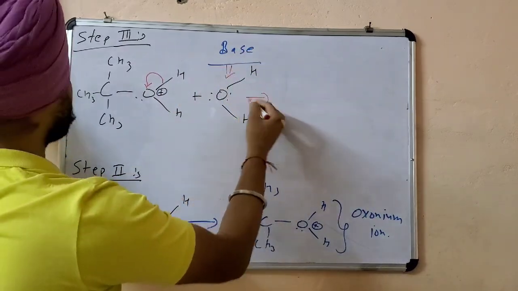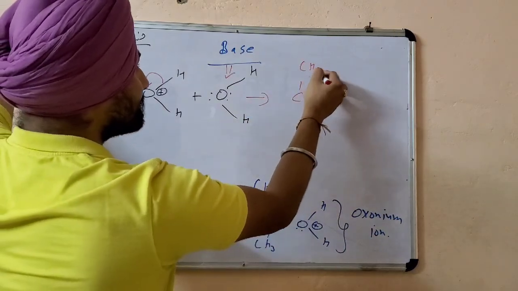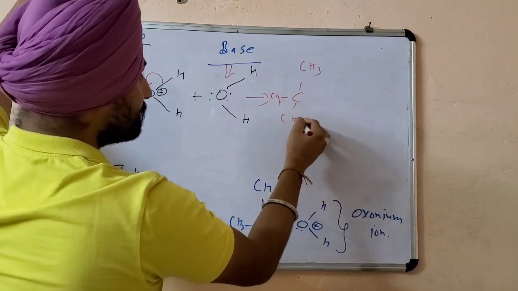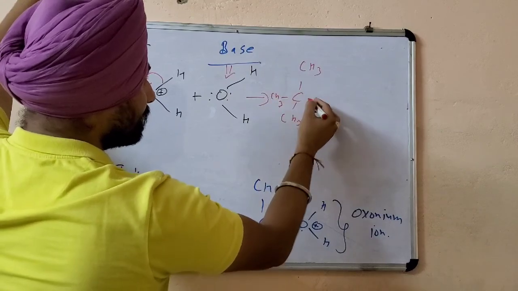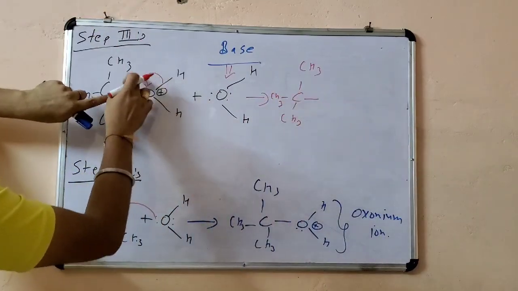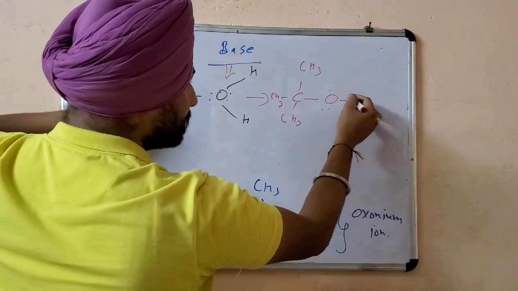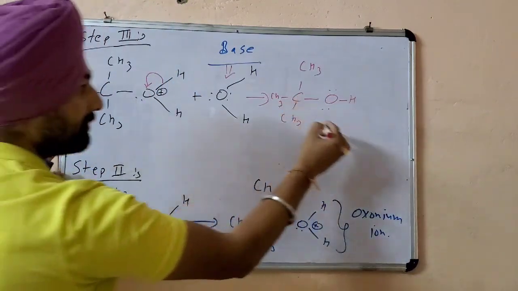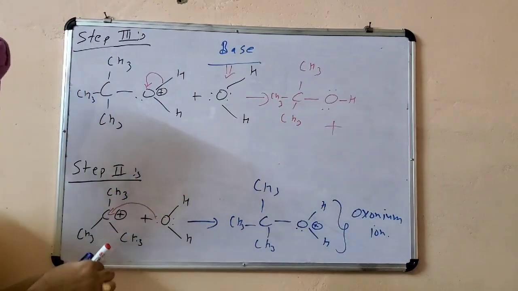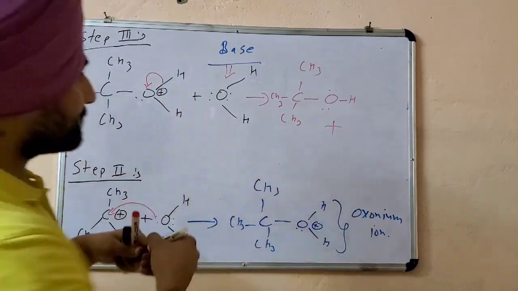So ultimately the product formed will be CH3. Here, this pair of electrons is shifted on this oxygen. So it is oxygen with two lone pairs and hydrogen. Alcohol is formed plus H2O. It was a base.